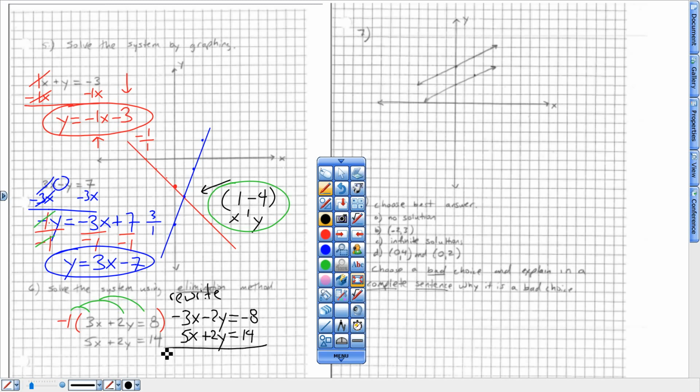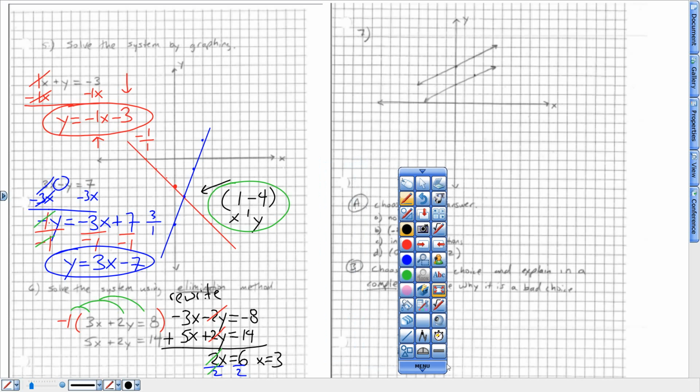I'm going to plus them. That will have these go away because they're opposites. That gives me 2x. And then 14 minus 8 gives me 6. Divide by 2 right there, and that gives me x equals 3. That is half of my answer, remember.